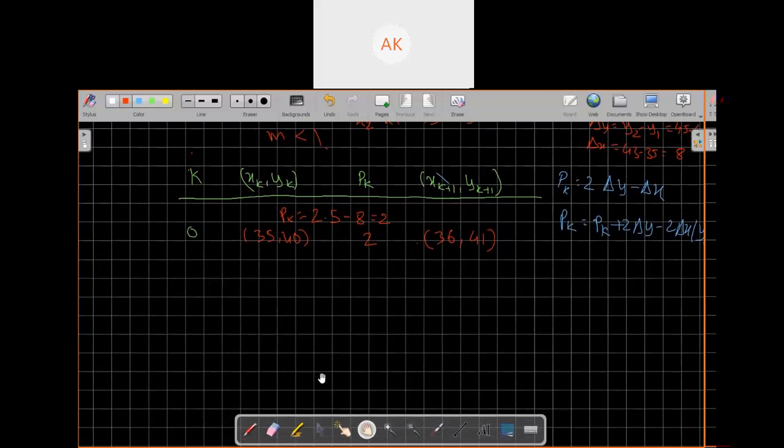Calculate for the next iteration. First calculate the next decision parameter, pk+1.